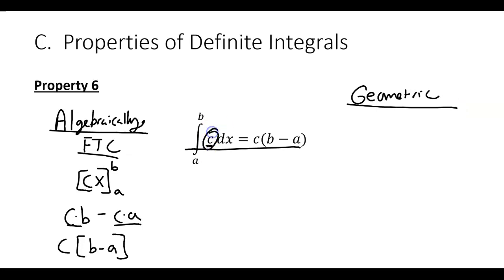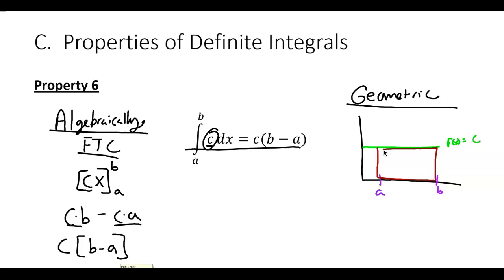I'm integrating a constant function. Now what does a constant function look like? A constant function looks like a straight line, doesn't it? So if I'm going from A to B, and I want to know what is the area under that curve from A to B, well, it's just a rectangle, isn't it?